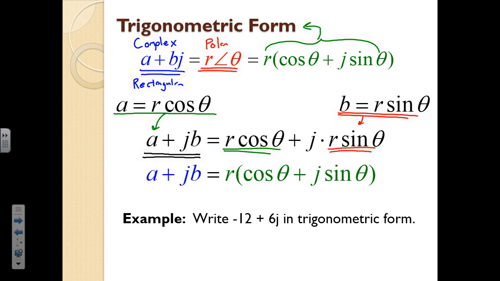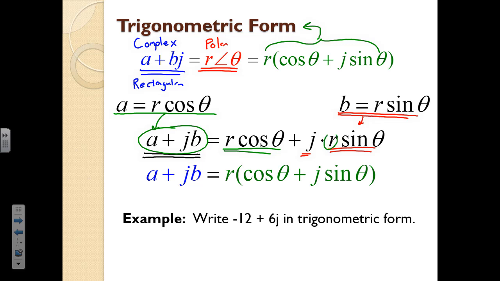Now that just tells us the magnitude. The j still has to be a factor on there to show us that that's the imaginary part. But after you do that, you'll notice that the complex number a plus j times b, or in other words, r times cosine theta plus j r sine theta, has a common factor of r there.